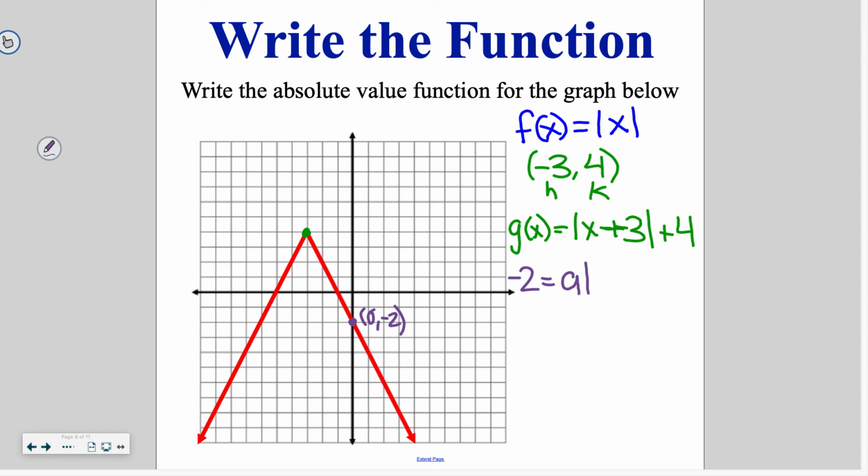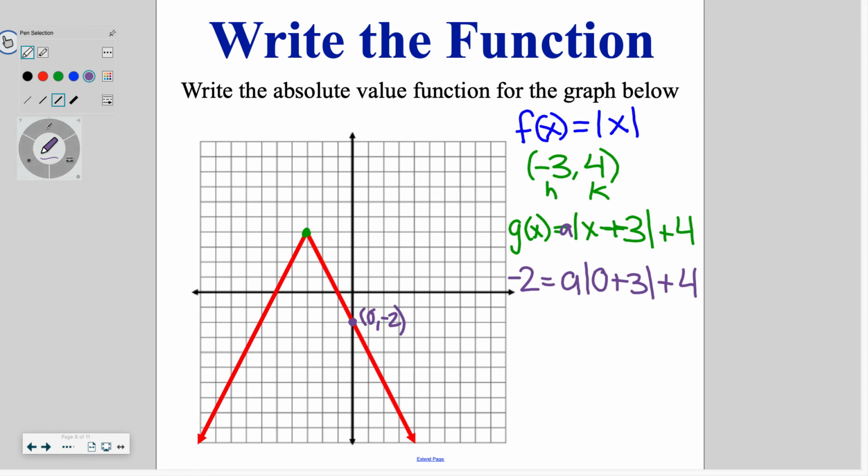And then I've got the absolute value of 0 plus 3 and then plus 4. So I've taken what I changed with my vertex, plugged in a point that I picked, and put a into the equation. Technically, I probably should have put a right here as well to say that I'm not done with the function solving yet. So now I'm going to go ahead and solve what I can.